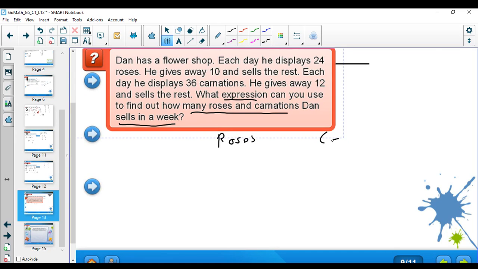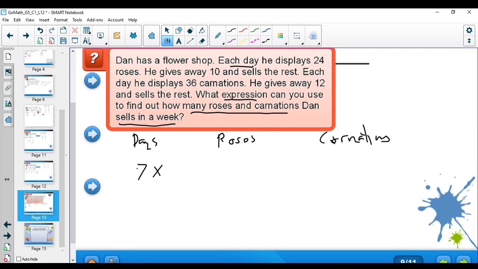I know that I need to do something with carnations, right? And I know that he does this in a week, and it's talking about each day. So I need to know how many days he does this for. Well, the number of days is really easy. There are 7 days in a week. And if he does the same thing every day, then we're going to be multiplying.